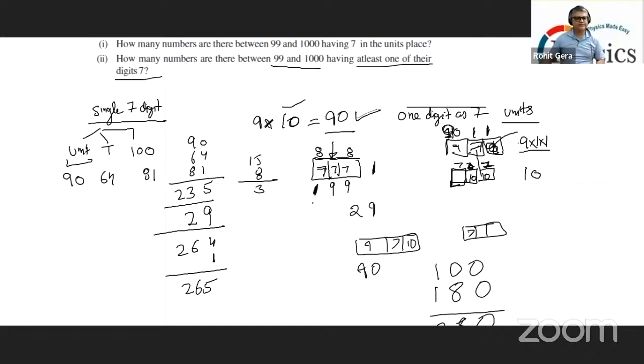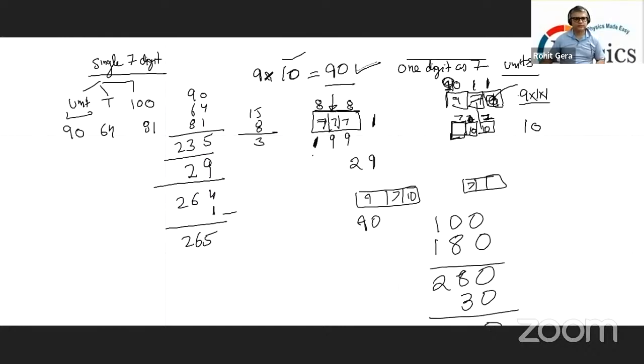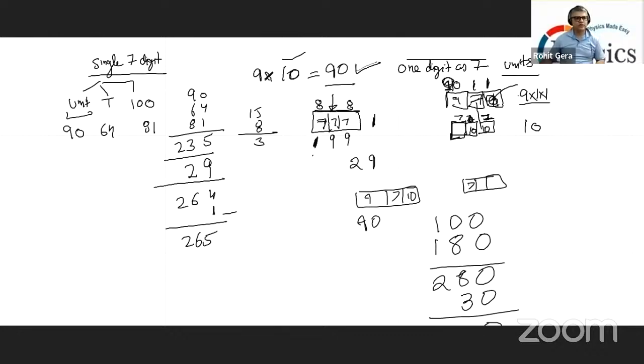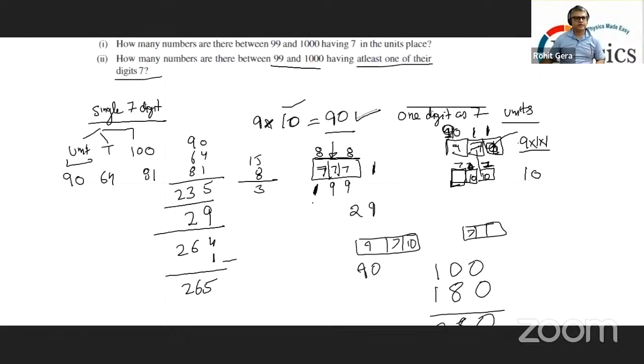Okay, so we still don't have the answer, but we can do some rethinking. Our answer is not correct. Let us see again. 235 and the two 7 digits.